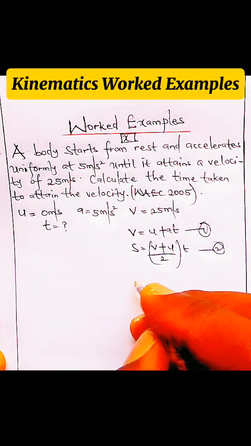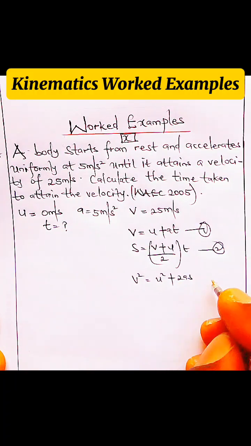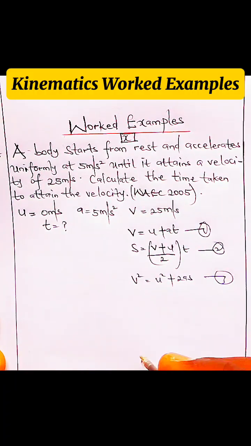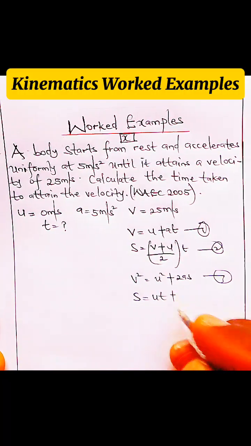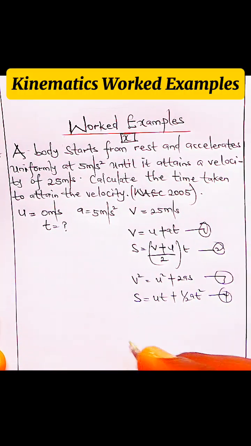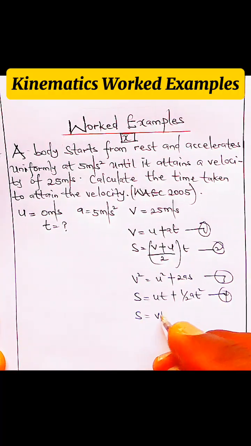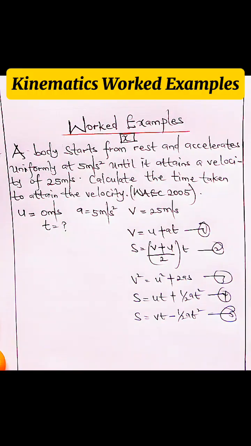The next we have is v squared equals u squared plus 2as, equation 3. And also we have s equals ut plus half at squared, equation 4. I'm just taking them out randomly. And also we have s equals vt minus half at squared, equation 5.